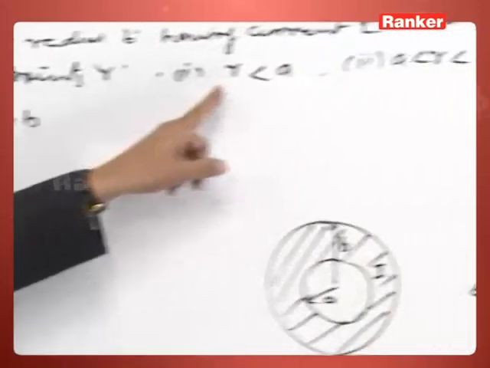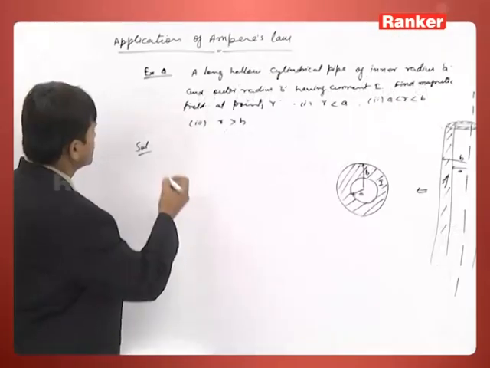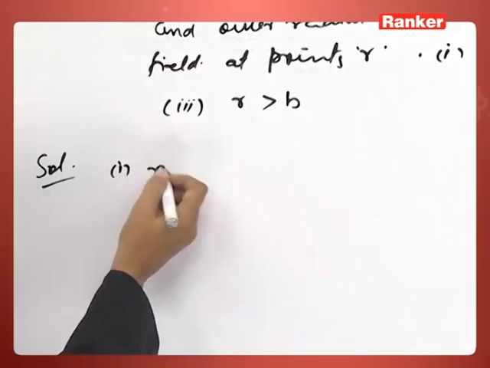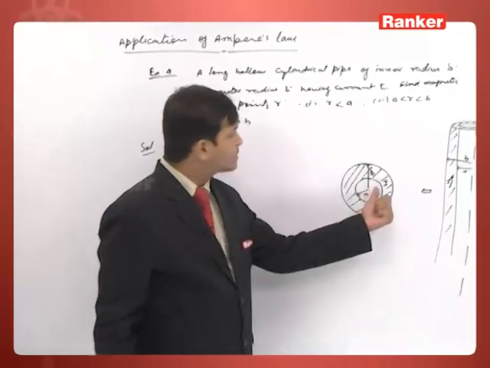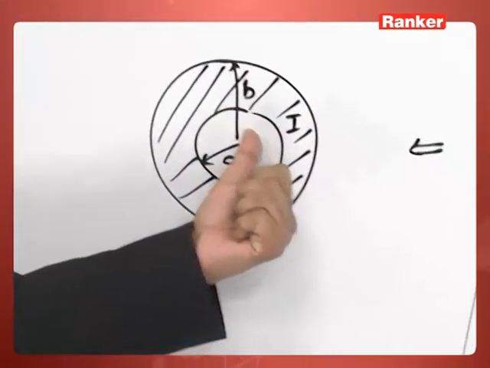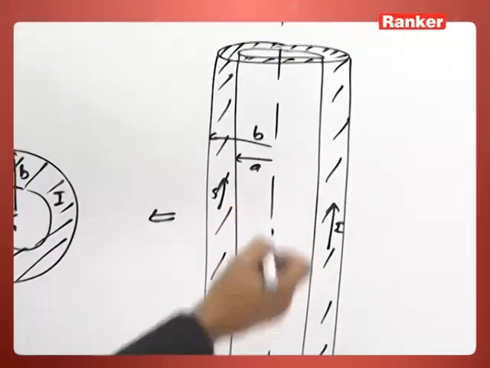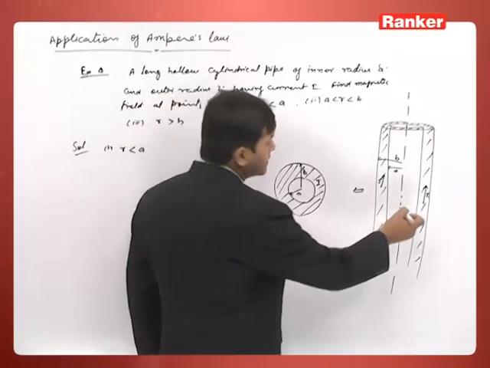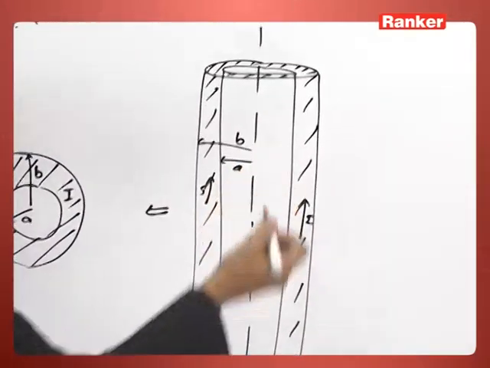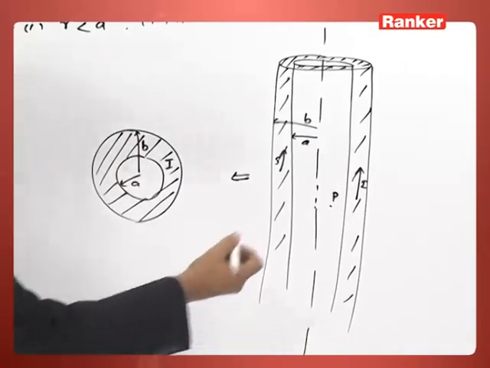The first case is R less than A. It means our point is inside. If we look through the cylindrical pipe, our point is somewhere here, P, at distance R.